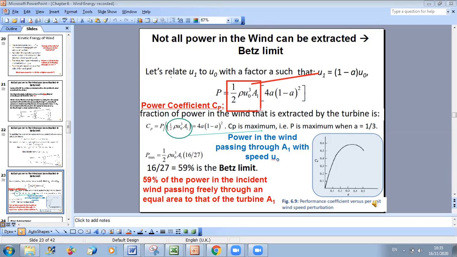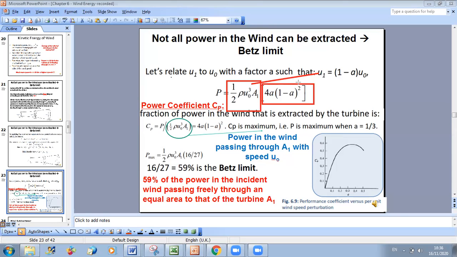It is the power that is coming through our turbine. Okay, we have seen that if we have a flow coming at a certain velocity through a certain area, this is the maximum power it can give me. But this power is multiplied by a certain factor, and this factor depends on a, and a varies between 0 and 1.